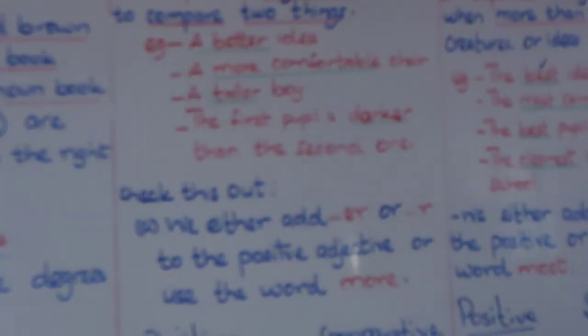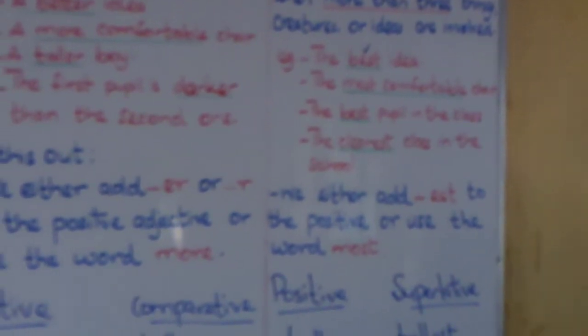Comparative adjectives we use when comparing 2 things, or 2 ideas, or 2 creatures. And then we have superlative adjectives, where we are talking about 3 or more things, creatures, ideas. All right? And we have learned also that we have irregular adjectives where the words change.